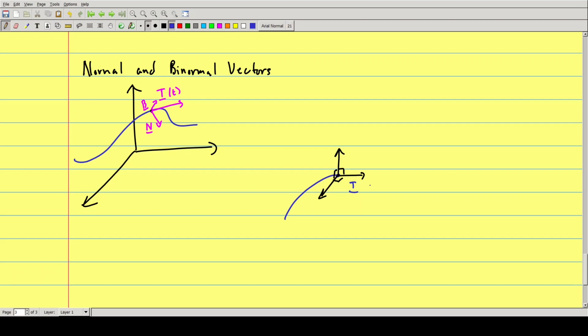Obviously your arm can't articulate enough to do loop-de-loops as you're traveling along a path, so it's not exactly perfect, but that's the idea. That's what the normal vector and the binormal vector are doing. They are the vectors represented by your middle finger and your thumb.